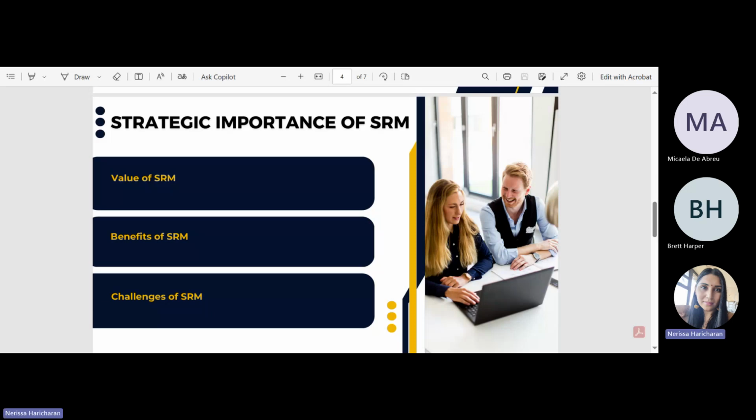Then we want to look at the different challenges of supplier relationship management. Basically how this works is, if you have bad service or you're not able to provide all the good benefits to your customer, you create a lot of barriers to exit.